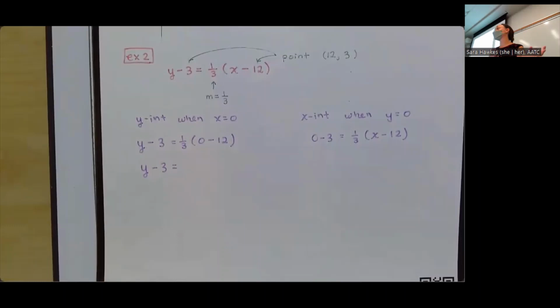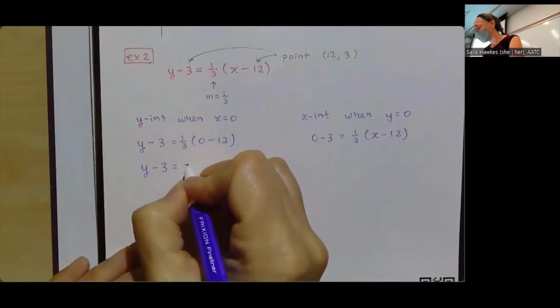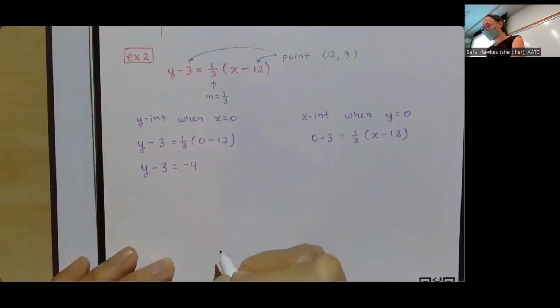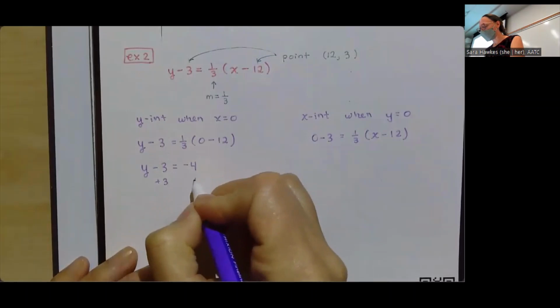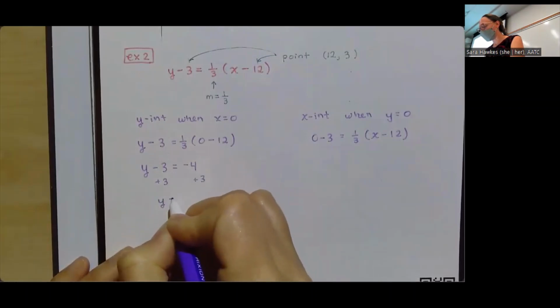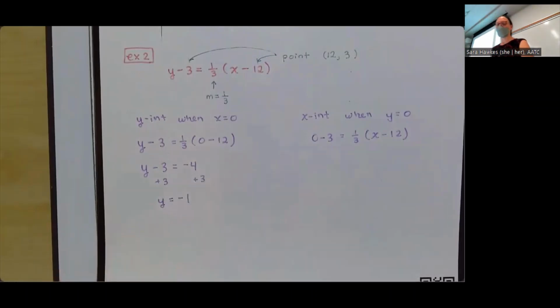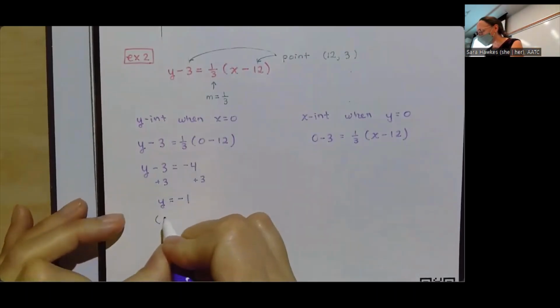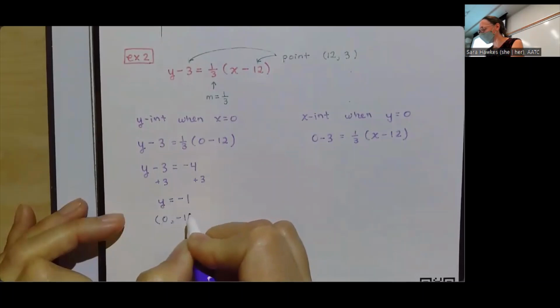You can think about it as multiplying those fractions straight across. However you want to get there, this is going to be -4. And then I can add 3 to both sides so that I end up with Y equals -1. Now, as a coordinate, that means it's the point (0, -1).